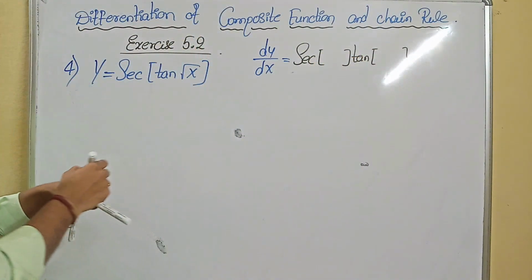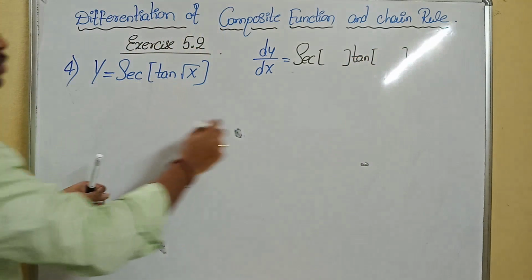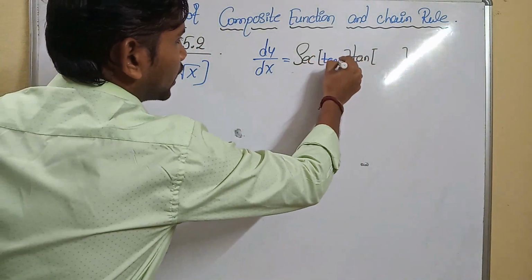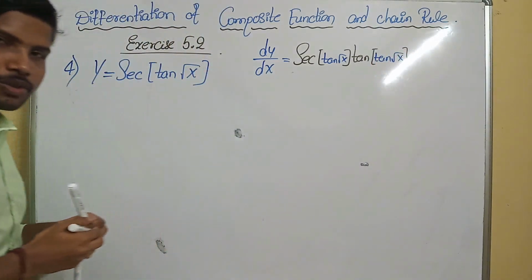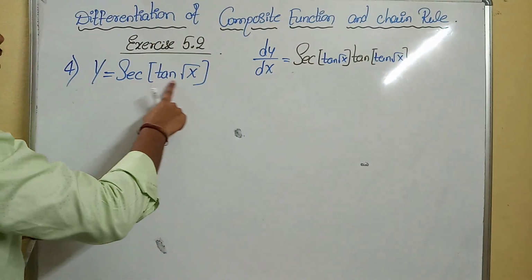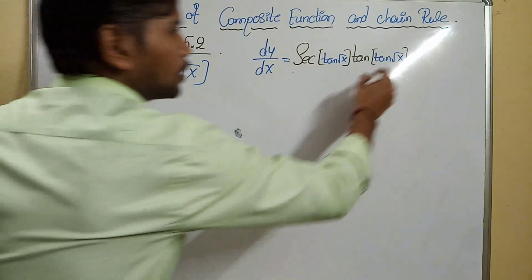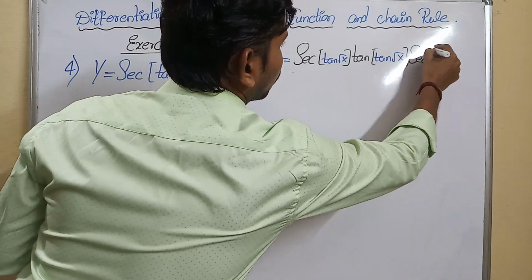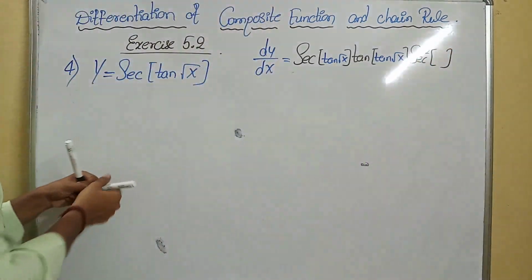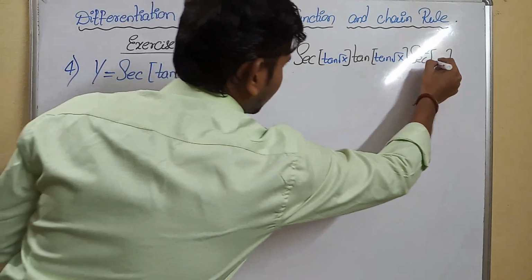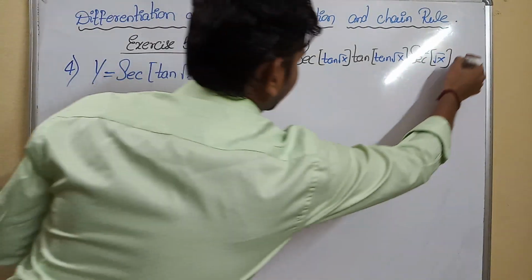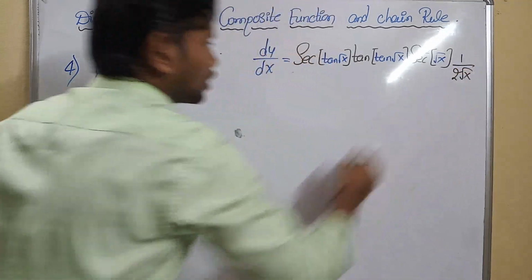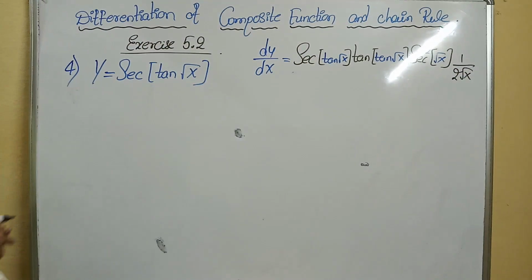Now in the place of the angle, what is there? Tan root x. I wrote tan root x. Did you understand properly? Then after that, tan is the next function. The derivative of tan is secant square of the angle. What is the angle for the tan? Root x. I have to write root x. After that, what is the leftover derivative of the angle? The derivative of root x will be 1 by 2 root x. Okay, clear?